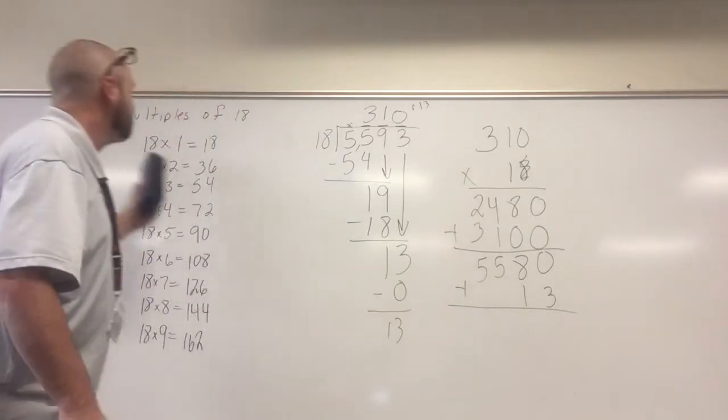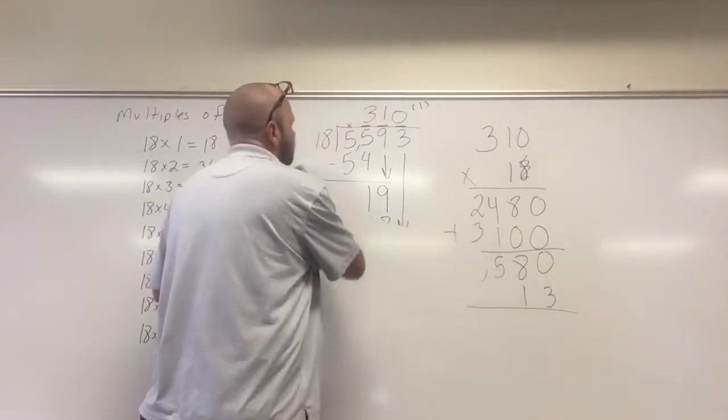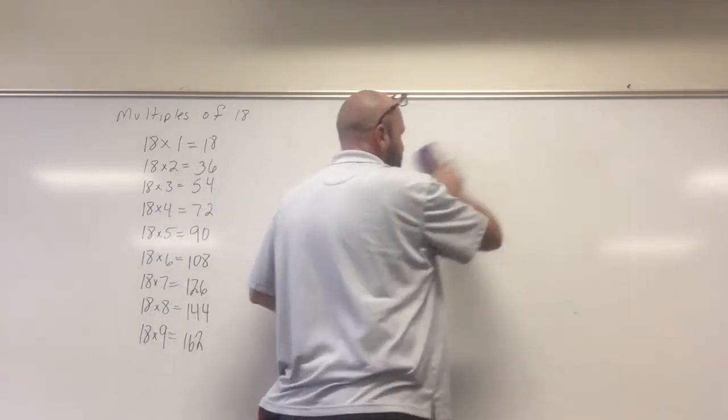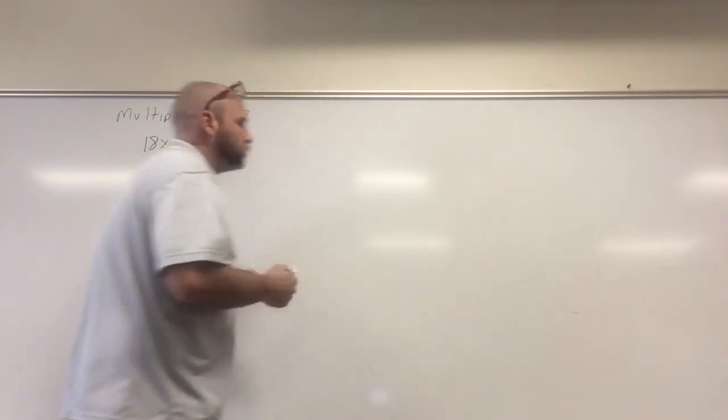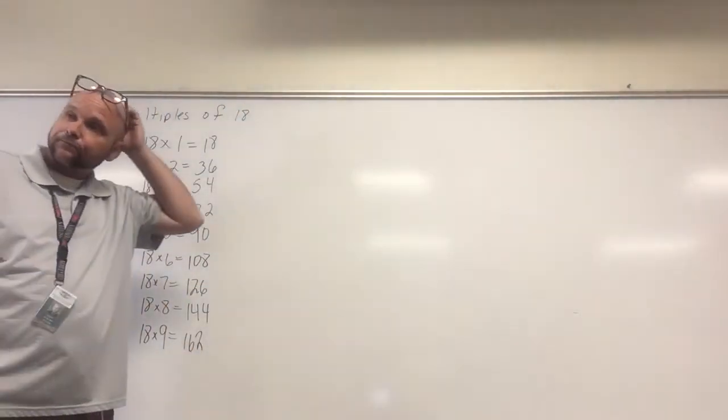All right, so now I'm going to leave this up here because you're going to do one on your own. You're going to check it. It's going to have a divisor of 18 so that you don't have to make a new one of these because Mr. McMurdo's nice.